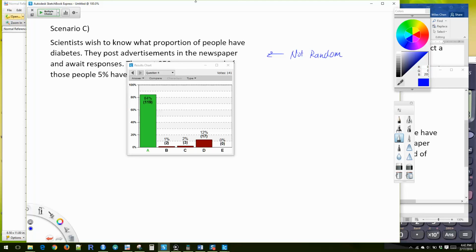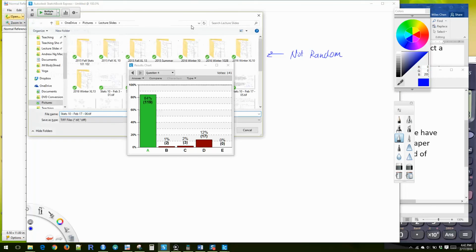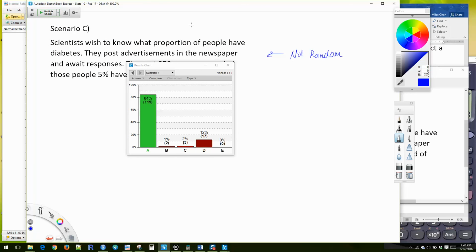Okay, so on Friday's test, I'll have a few of these types of questions where I describe some kind of scenario and you have to say this condition is violated or none of the conditions are violated. Now, technically, when you conduct inference in the future, you're always supposed to check for these conditions, but it's really hard to write an exam where you're supposed to check conditions and then, if they fail, you're not supposed to do any of the work.